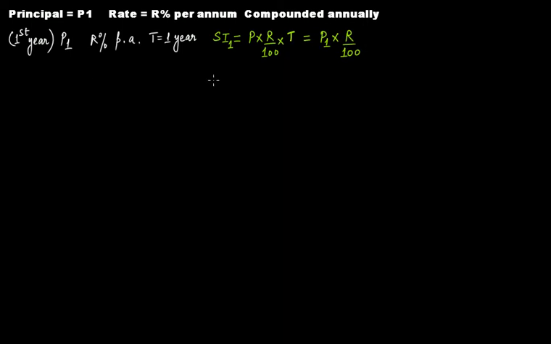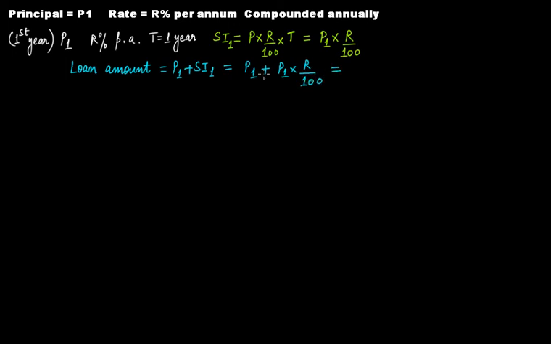Now tell me, what will be the loan amount at the end of this first year? The loan amount will be P1 plus SI1. Now P1 is P1 and SI1 is P1 multiplied by R by 100.